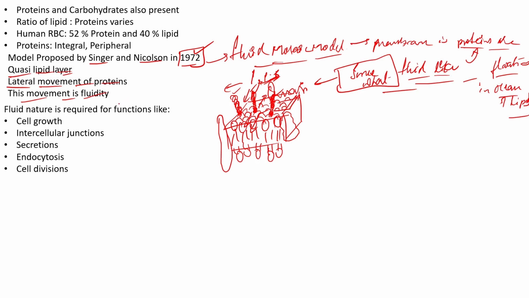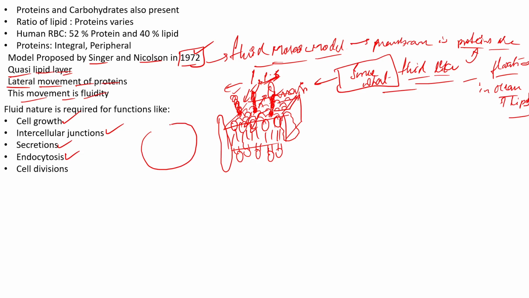Now, the fluid nature is mainly required for functions such as cellular growth and intracellular junctions. Don't worry about this; we'll study it in your structural organization chapter of animals. The next one is secretions, that is the release of products. Another is endocytosis.